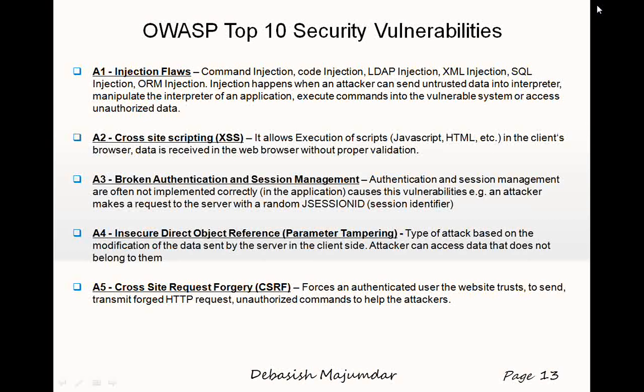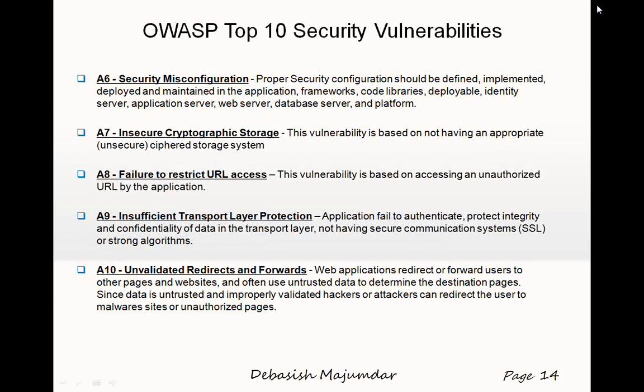The next slide is security misconfiguration, which happens typically when we deploy frameworks, code libraries, and the application server, web server, or database server. Security misconfigurations sometimes affect the application, like when we install any binaries, any particular DLLs, or any kind of code.